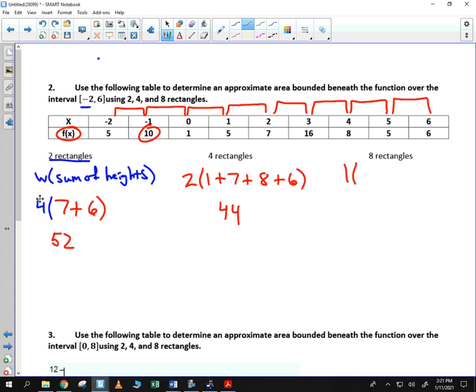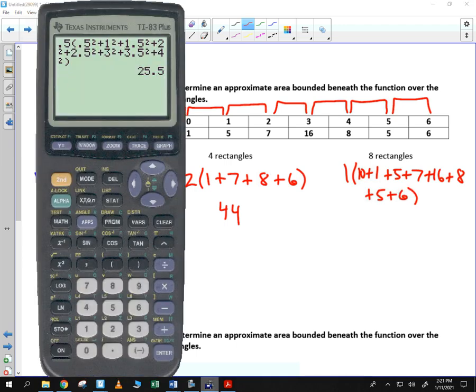So we start with 10, and 1, and 5, and 7, and 16, and 8, and 5, and 6. Get my handy dandy calculator out for that. 10 plus 1 plus 5 plus 7 plus 16 plus 8 plus 5 plus 6. Probably could have done it without my calculator. 58.